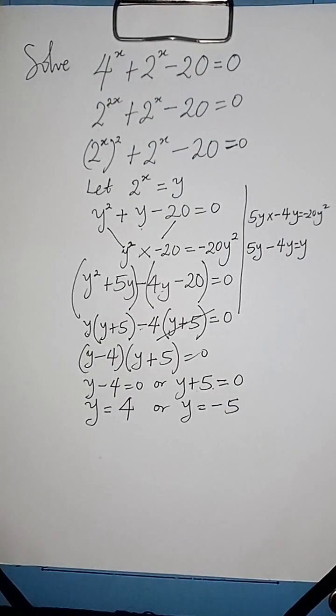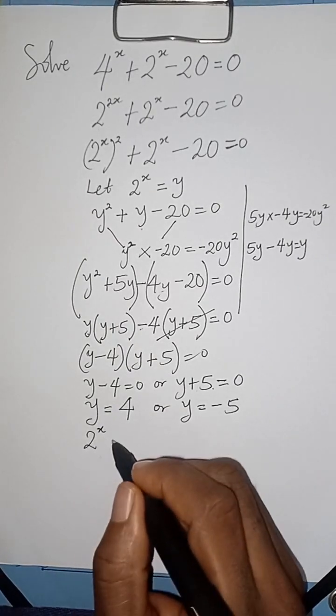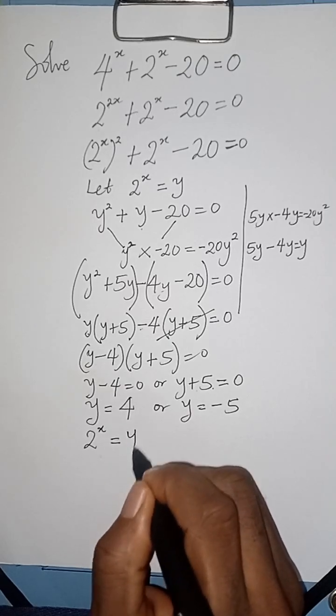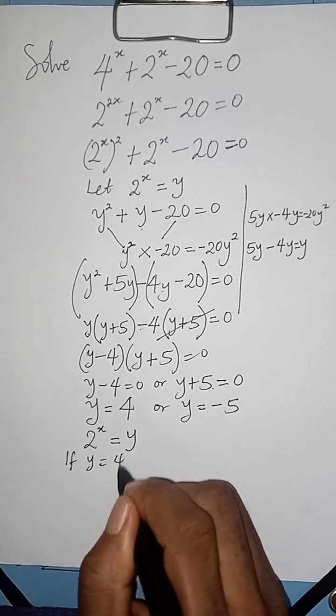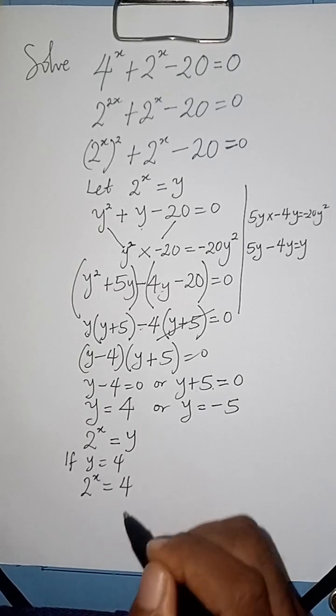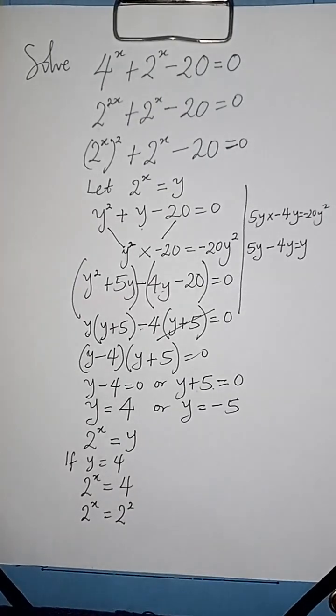So those are the values for y, but we are not through with our solution. Now remember, we represented 2 raised to power x to be equal to y. So if y is 4, then 2 raised to power x will be equal to 4, and 2 raised to power x will be equal to 2 raised to power 2.